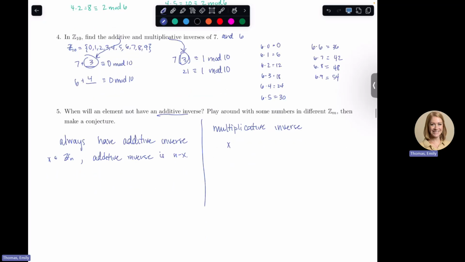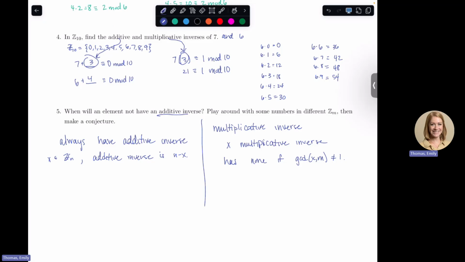If you want to know X's multiplicative inverse, it has none if the GCD of X and M is not 1.